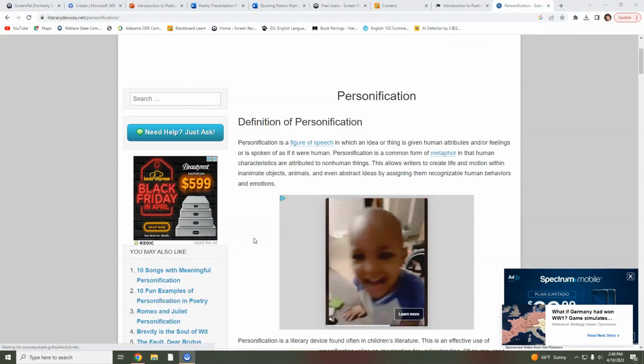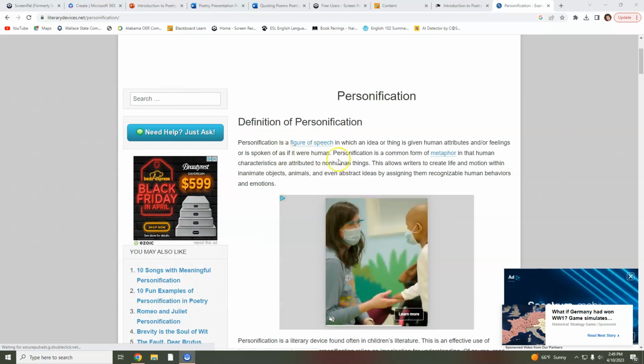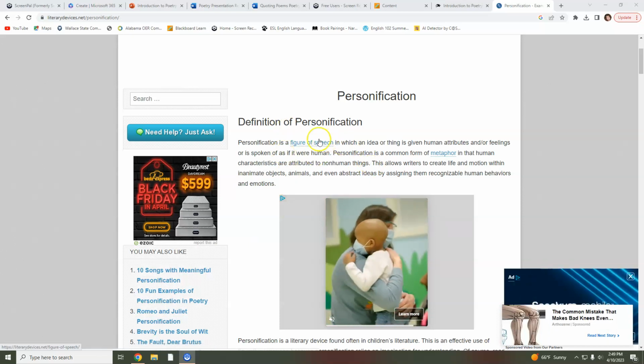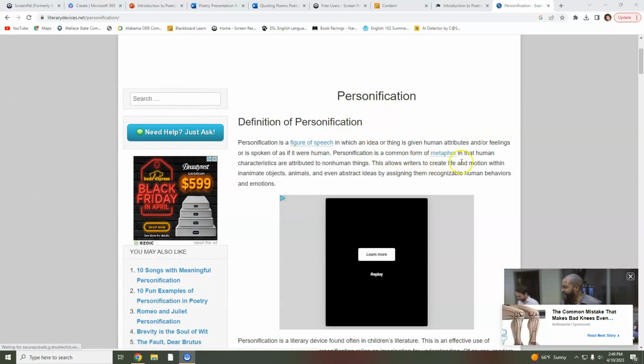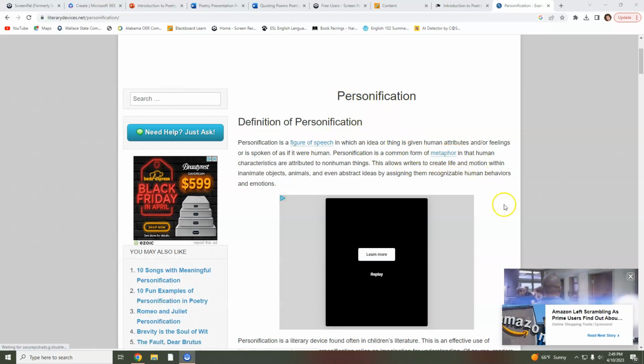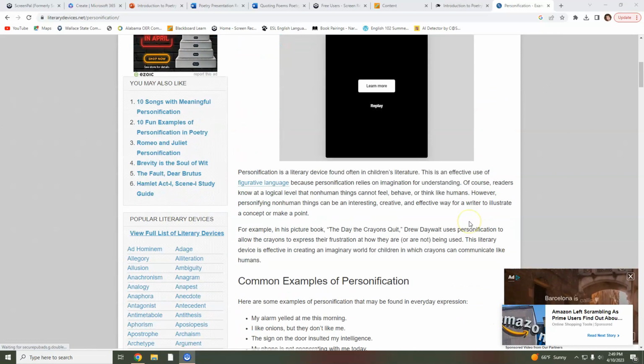You'll notice that there is a lot of overlap in terminology. Figure of speech is part of the definition of personification. Also that it's a common form of metaphor. So you see a lot of overlap.